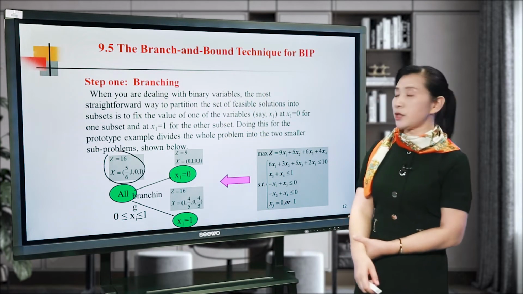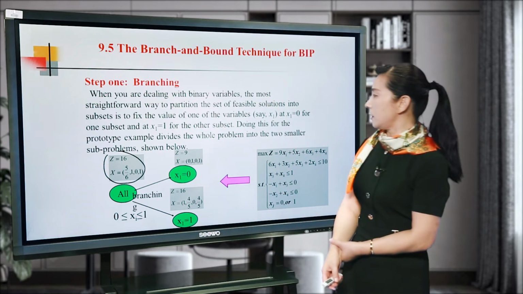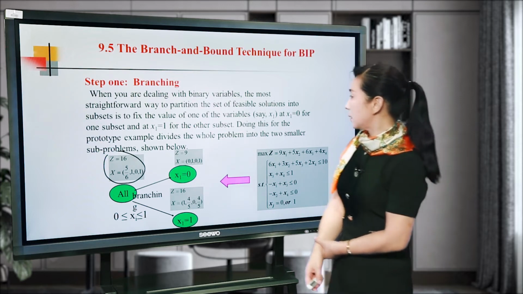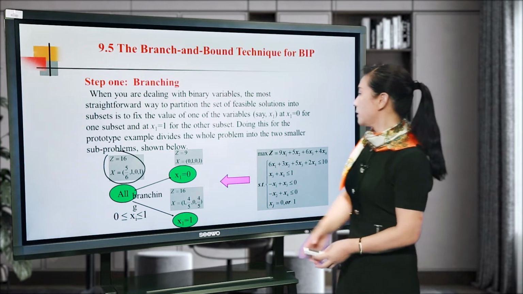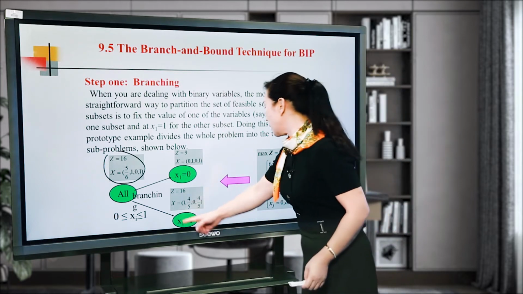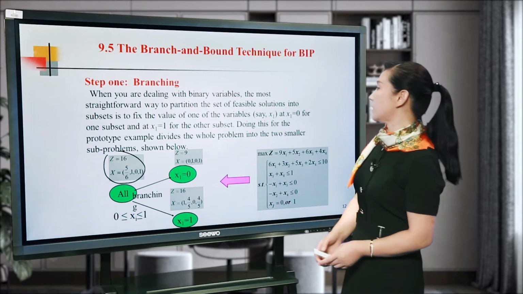We notice that in this optimal solution, x1 is not binary, not an integer. So we branch on x1: set x1 equal to 0 and x1 equal to 1, dividing into subproblems.